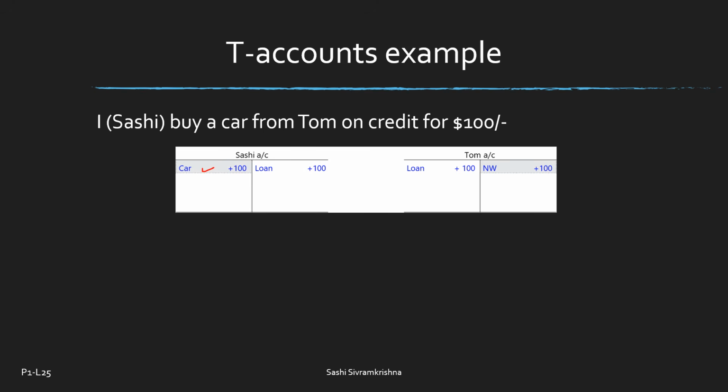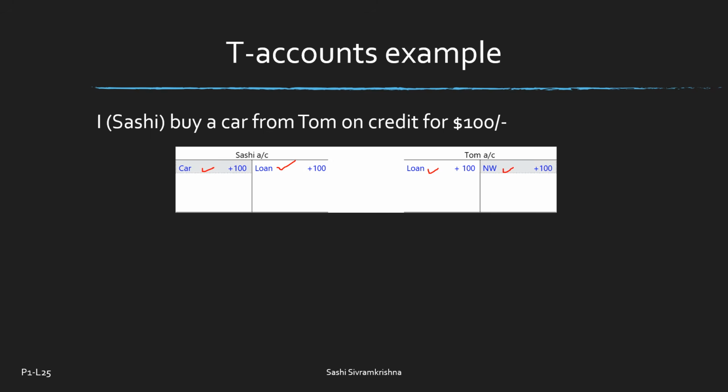It no longer exists on Tom's balance sheet because he has sold it to me, but this appears as an increase in net worth to Tom by $100. The loan itself, which is a financial liability to me of $100, appears as a financial asset to Tom of $100. So this is the first transaction when I buy a car from Tom.